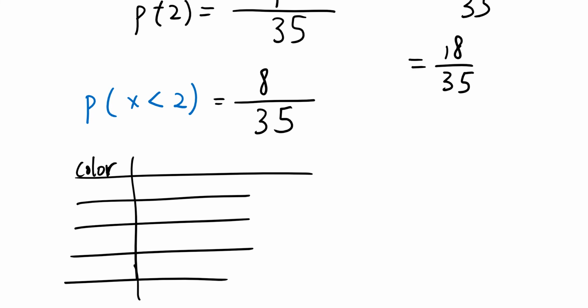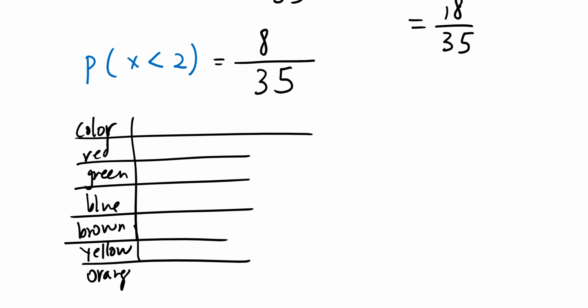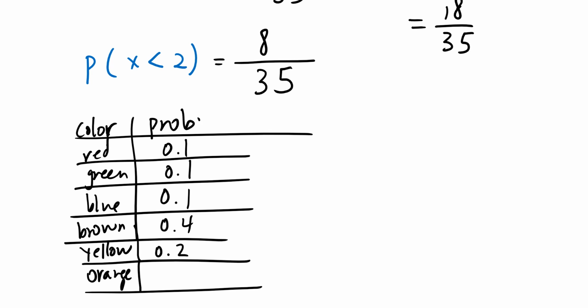Let's come up with colors: red, green, blue, brown, yellow, and orange. And this is the probability here. Say it's 0.1, 0.1, 0.1, 0.4, 0.2, 0.3. Is this a probability model?